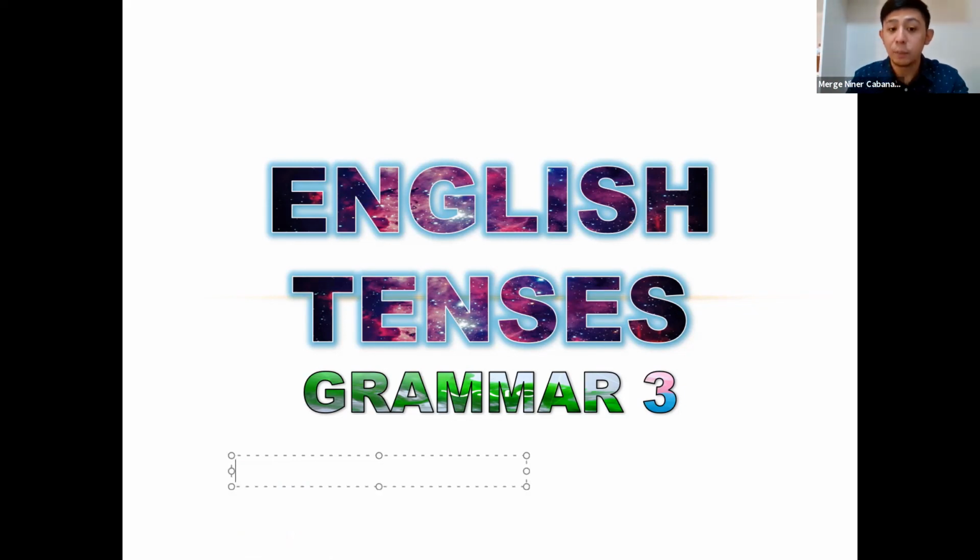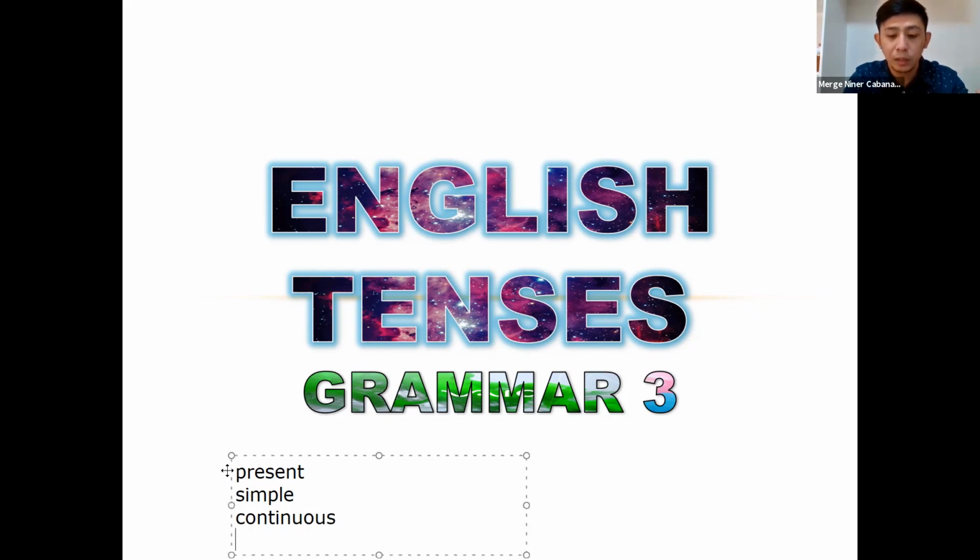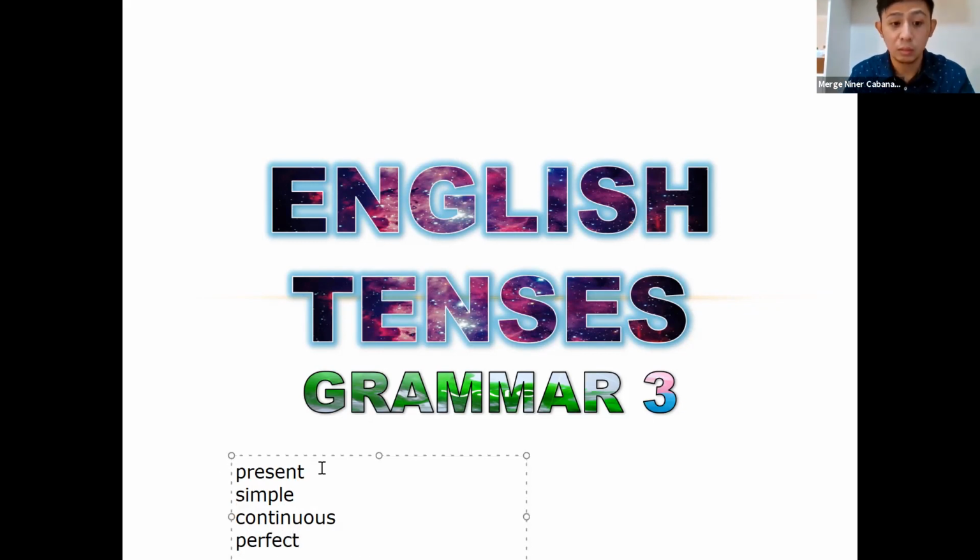So imagine for the present alone, for the present time, we have your simple, we have your continuous, also known as the progressive form of the verb. We have the perfect, and then we have the perfect continuous.